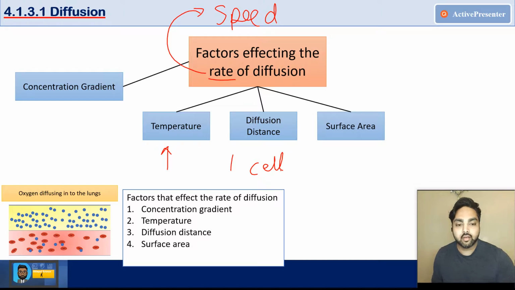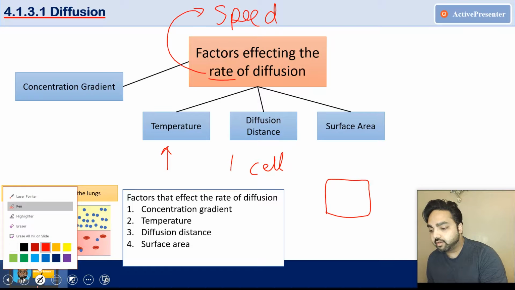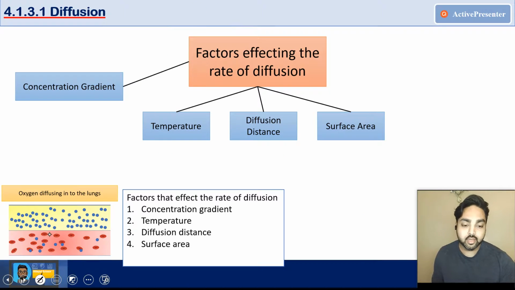Surface area. Cells are really interesting in the sense that if you take a cell, how do I increase the surface area of a cell? Well, that's my cell right there. In order to increase the surface area, some cells will have these projections.